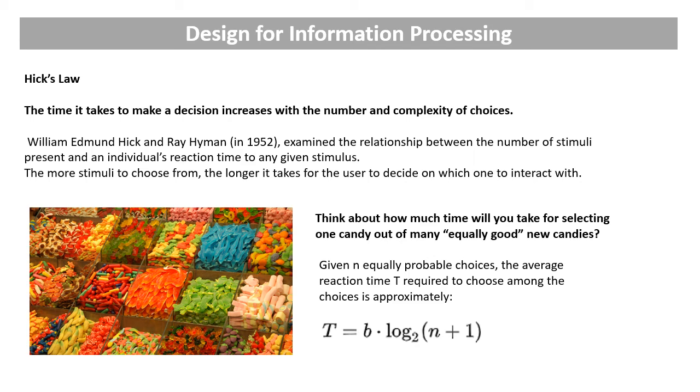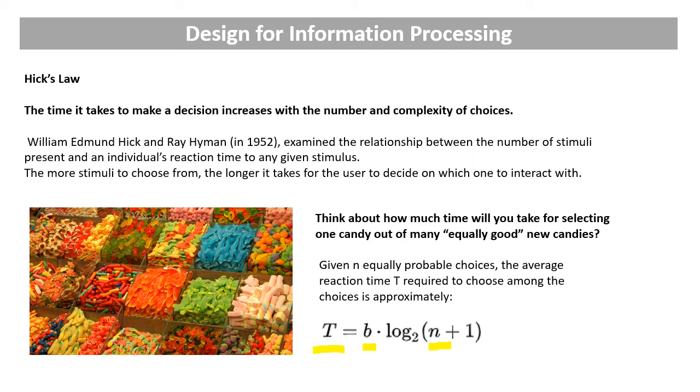So what it is about, let's see. As you can see here, t is the time taken by a user to make a choice. B is basically a constant, and n is the number of choices presented to the user.